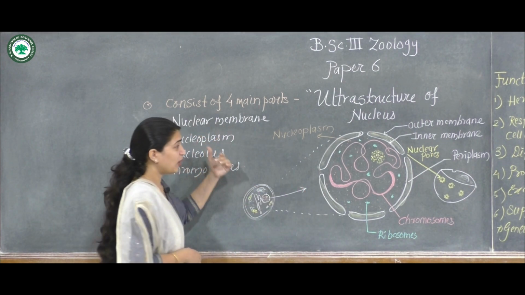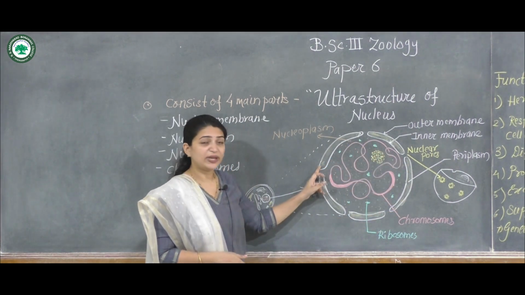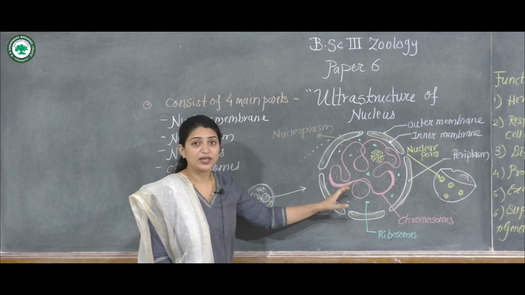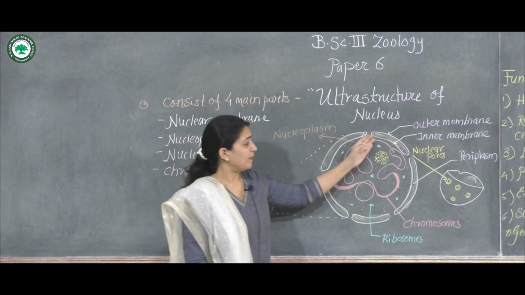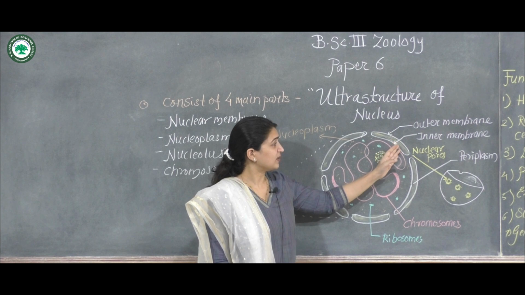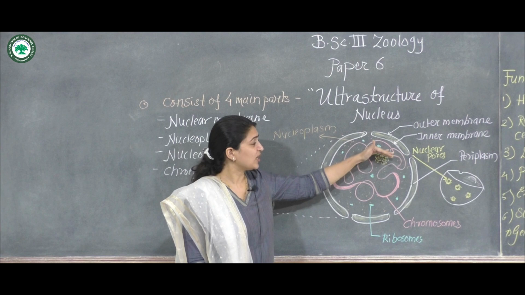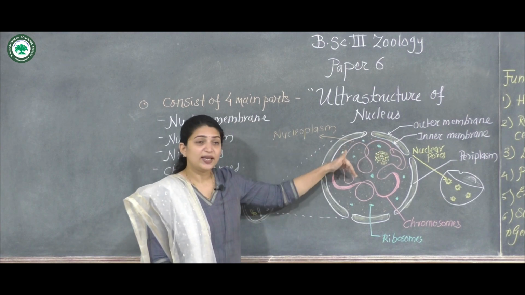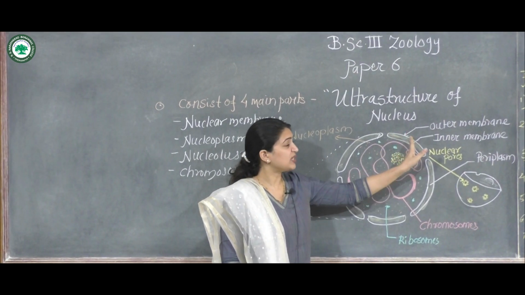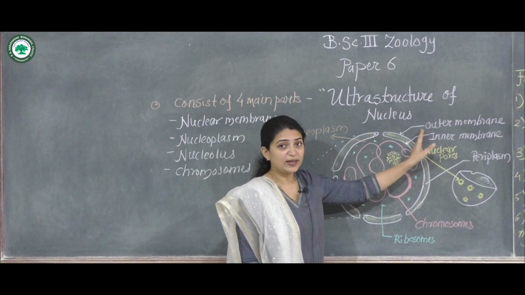If you talk about the nuclear membrane, the outer covering is called the double layered membrane of the nucleus. The inner layer, which faces the nucleoplasm side, is called the inner membrane, and the membrane which faces the cytoplasmic side of the cell is called the outer membrane.